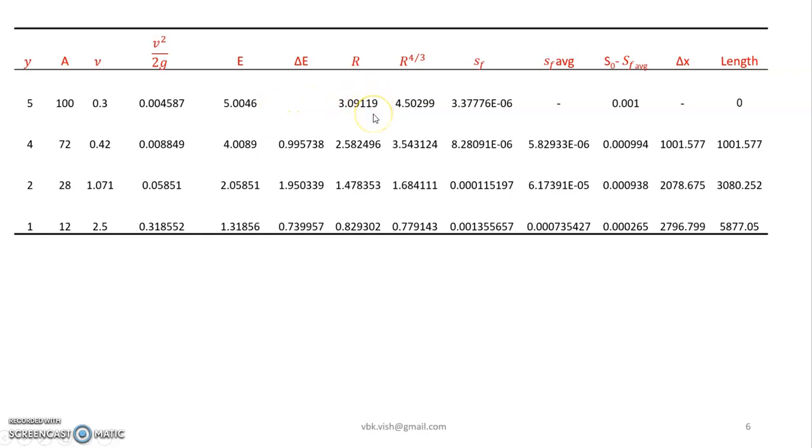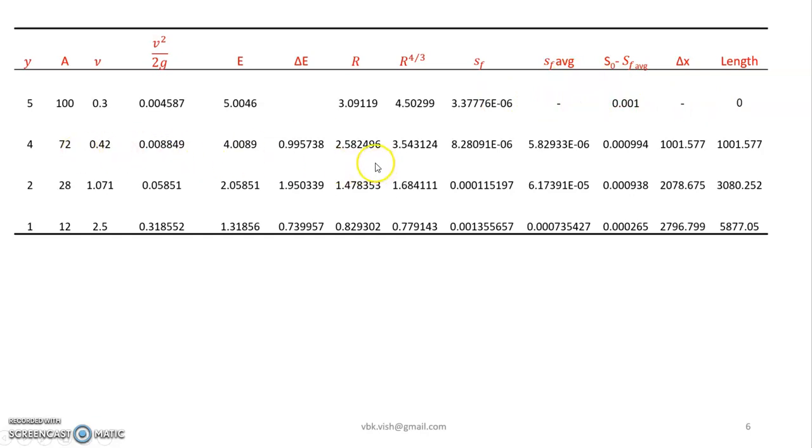R is calculated with the prescribed equation, which consists of Q and n. Now we raise R to 4 by 3, and SF is calculated, which is into 10 raised to something. SF average is calculated, S naught minus SF similarly.